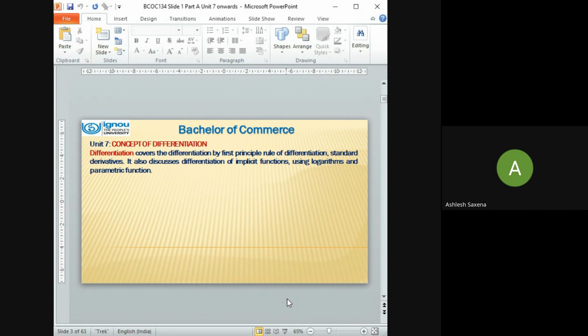That is differentiation. As far as differentiation is concerned mathematically, it has different rules and methods. We have standard derivatives. We will be talking about implicit functions. We will be talking about the use of logarithms and parametric functions.